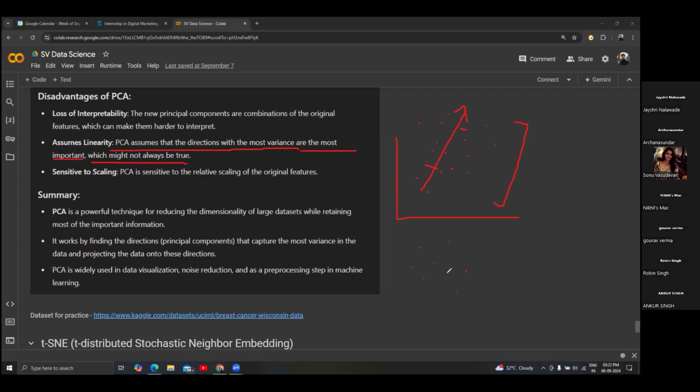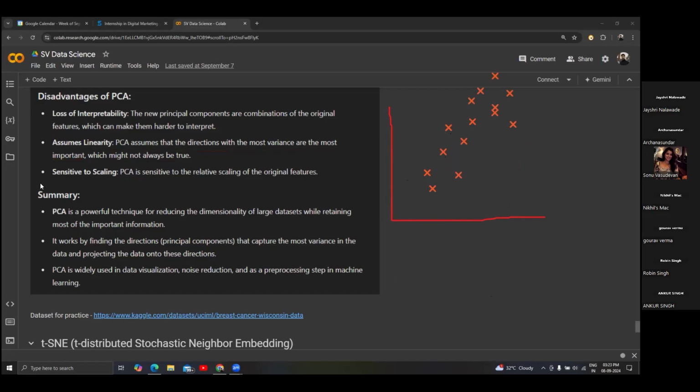Sometimes your data could be spread in a circular way also, so you cannot decide which PC to take, this one, this one, or this one. So there is confusion in PCA also. But if your data is very clear that it is going linear, then it is okay.